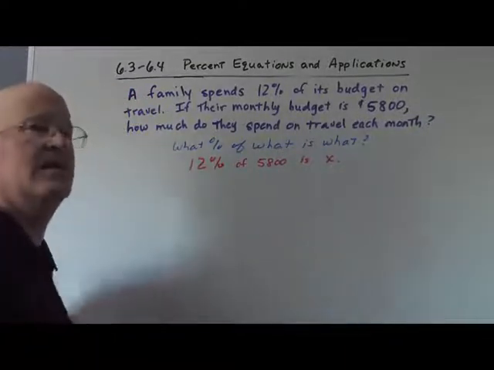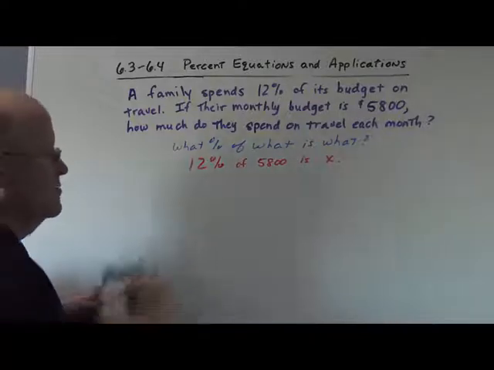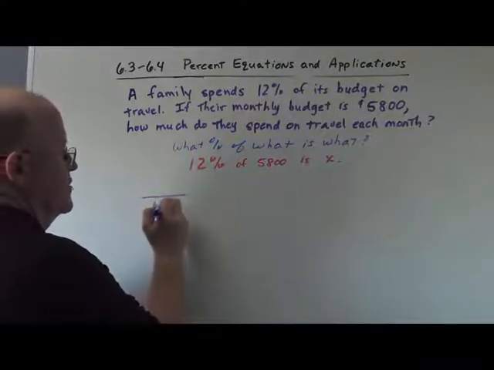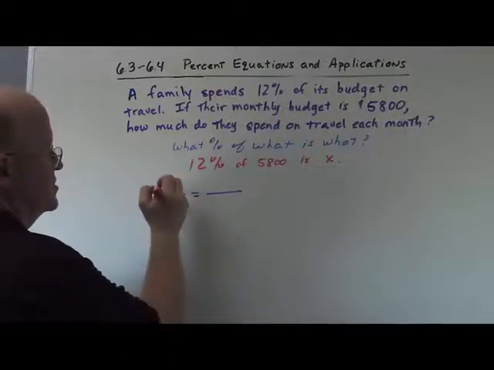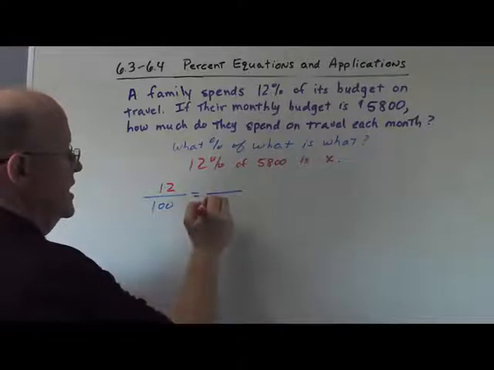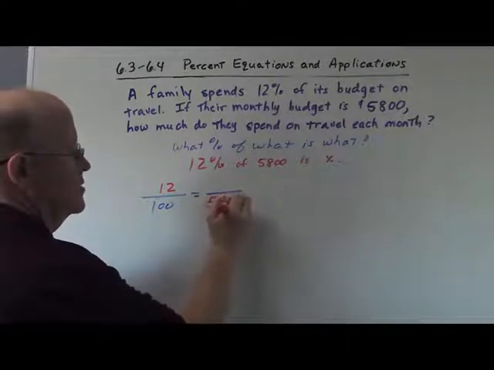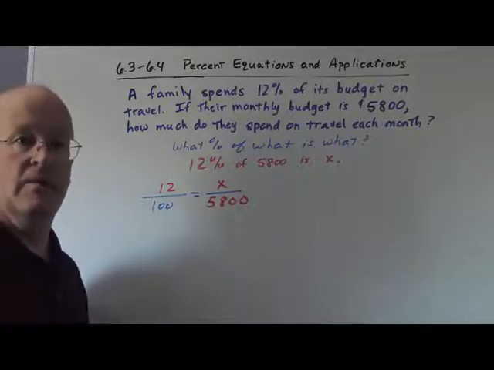Notice how I then easily converted this into a simple sentence. Now let's write our proportion. Something over 100 equals something over something. 12% goes in the top left corner because that's where our percent number goes, and 5,800 goes in the bottom right. Our "is" number is the missing value in the top right.